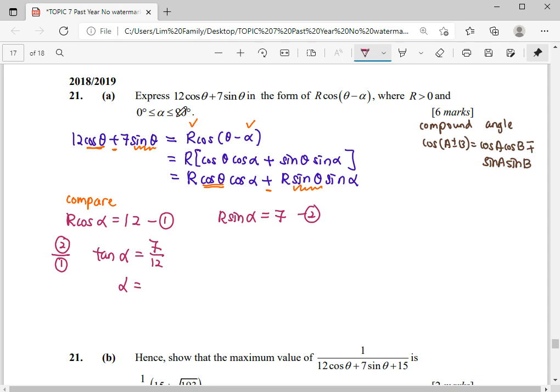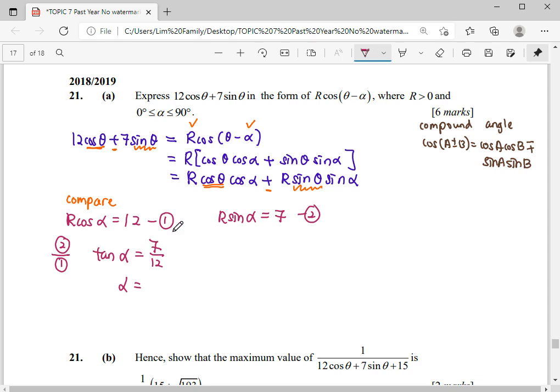So you have to be careful. If our alpha is in degrees, then our calculator will be set in degree mode. If in our question alpha is given in pi, our answer will be written in pi straight away. You can see our calculator mode should be in degrees because the question given is in degrees.